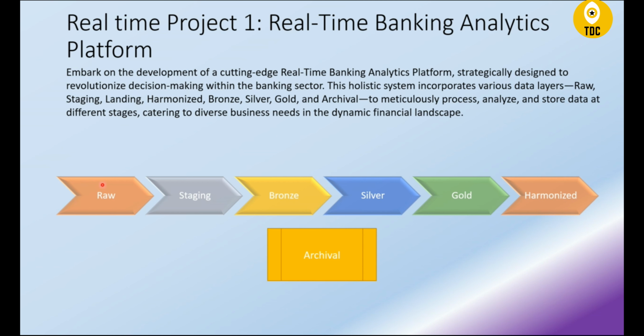The raw layer captures unprocessed data from diverse banking systems, because banking systems can have different data coming from different global locations, and they might have different systems. They might have different ERP systems, customer databases and so on. So the raw layer gets the data from the different systems and preserves the data in its original format. So this is the raw layer.